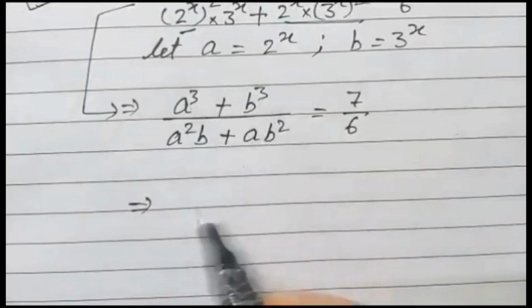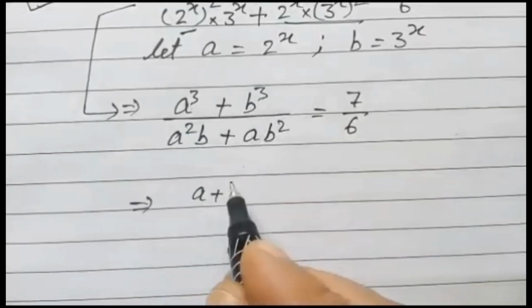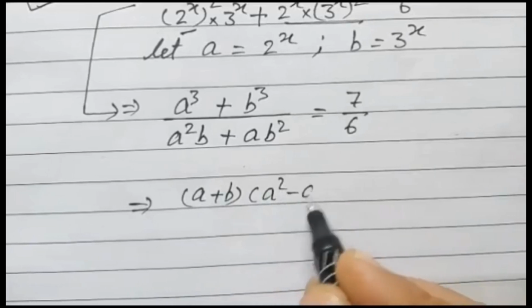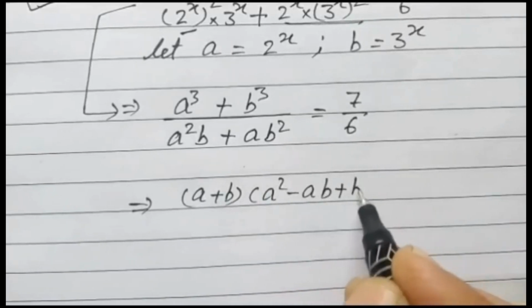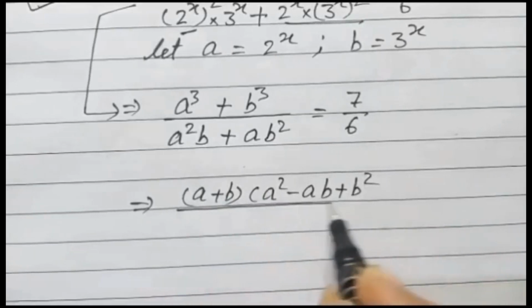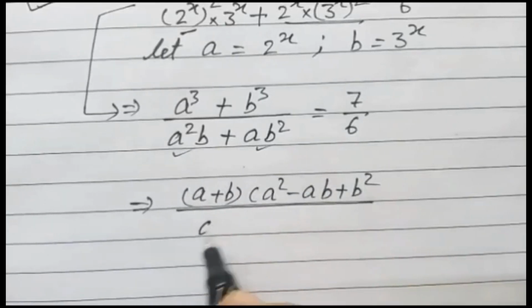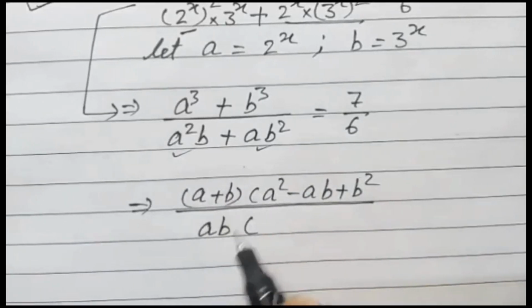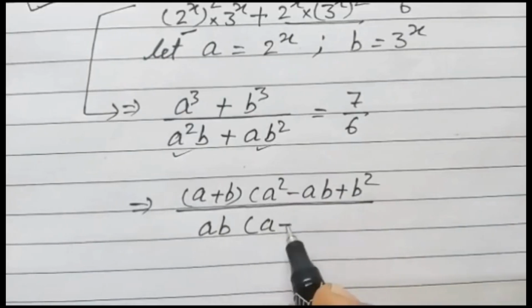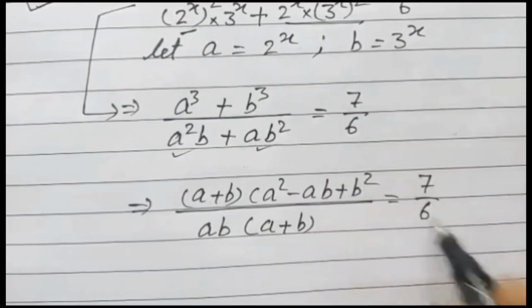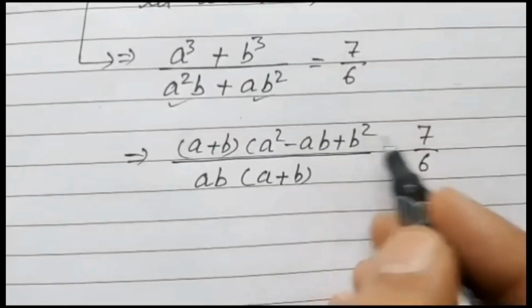As we know, a^3 plus b^3 is equal to (a plus b)(a^2 minus ab plus b^2). Here we take ab as common, so we have remaining (a plus b), is equal to 7/6, right?